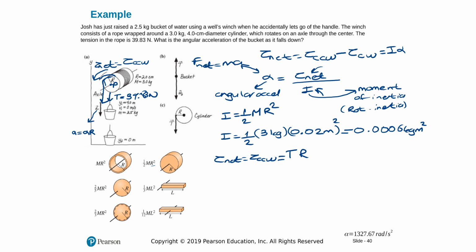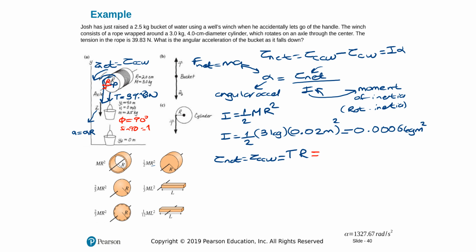So the tension is applying here, perpendicular to R. Let's show R here again. We again have sine phi to be sine 90, which is 1. Phi is 90 degree, so sine 90 is 1. Ignore it in here. We'll have the tension times R to be the torque, and that's it.